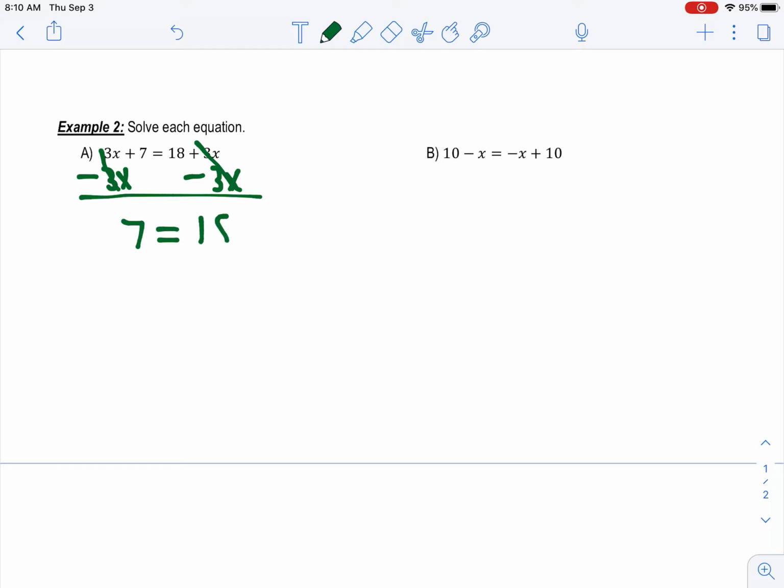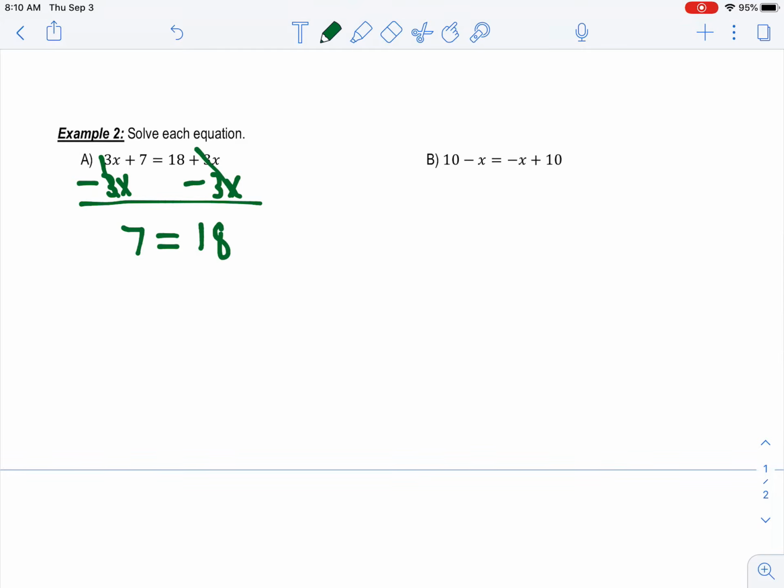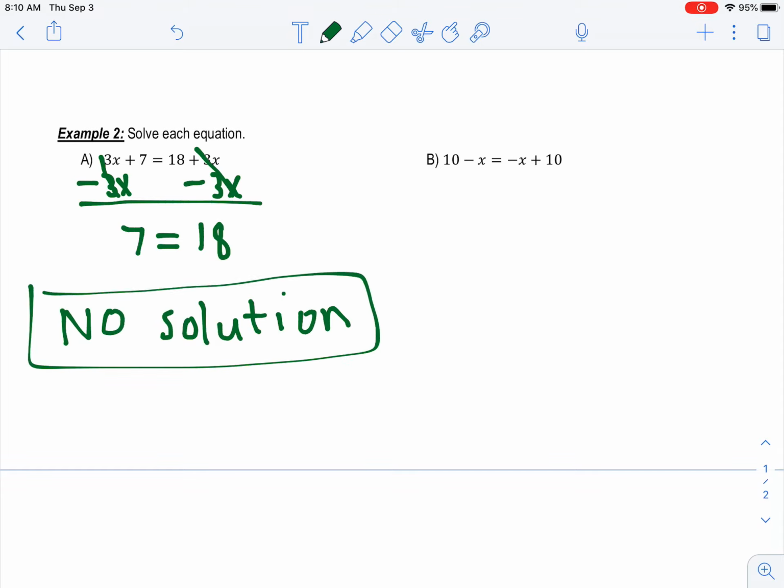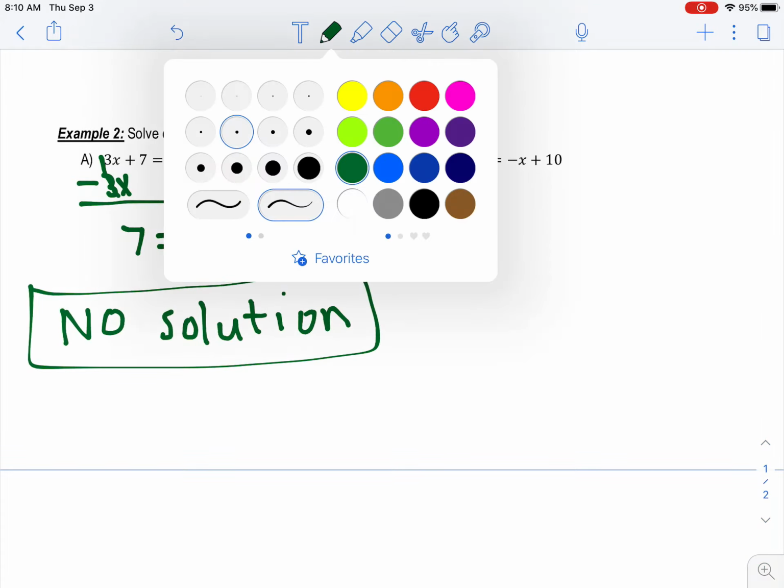Is this true or false? 7 does not equal 18. This is false. When all our letters cancel and we're left with two numbers that are not the same, we call it no solution. You can't solve it. Our variables canceled, and we're left with two numbers that are not the same.